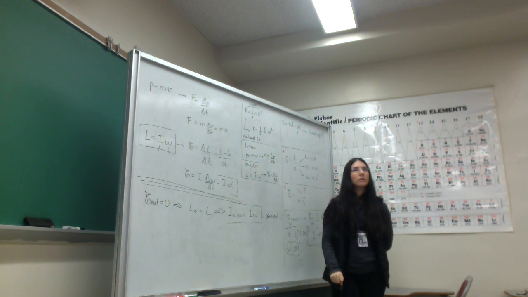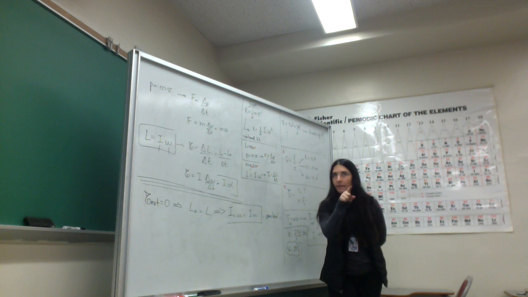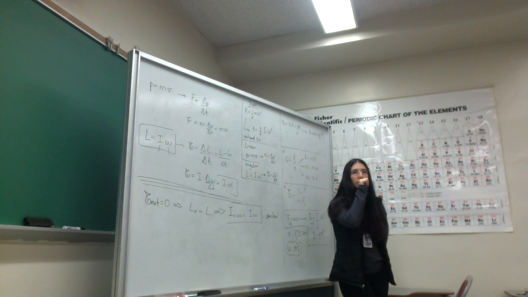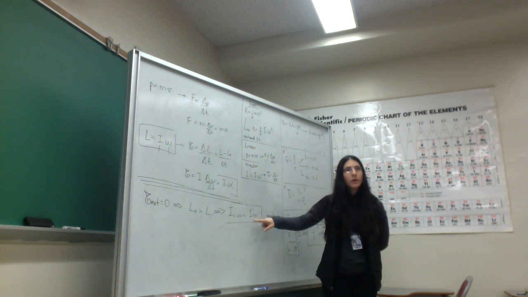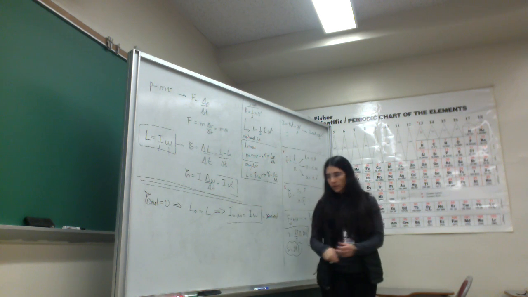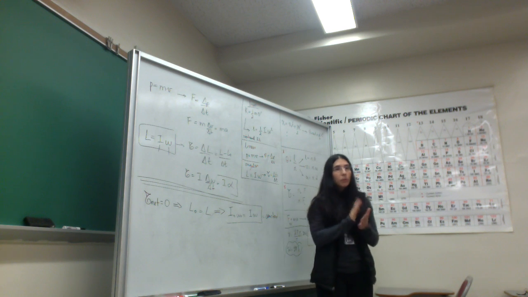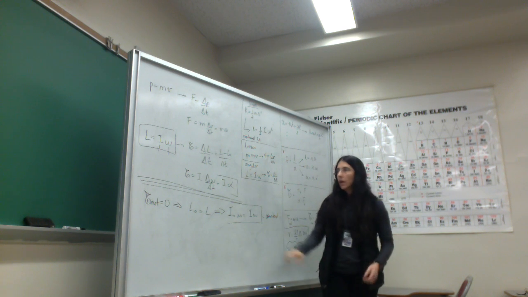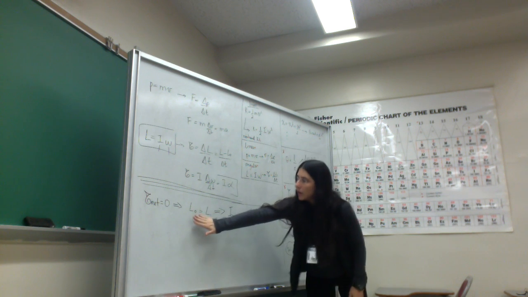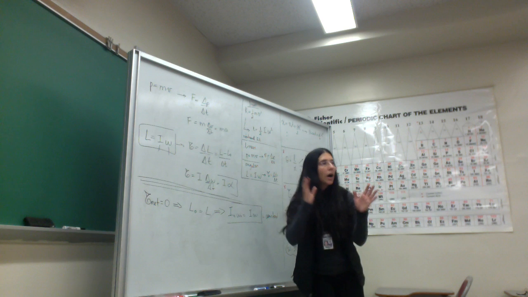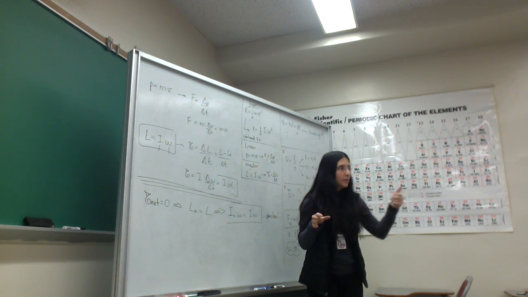If it's a rigid object, in other words, if the R stays the same and the mass stays the same, then your I isn't changing either. My question is, how can I make the angular momentum always the same?